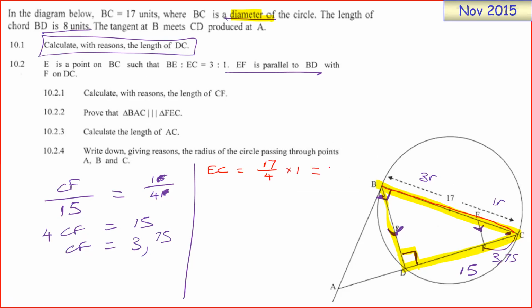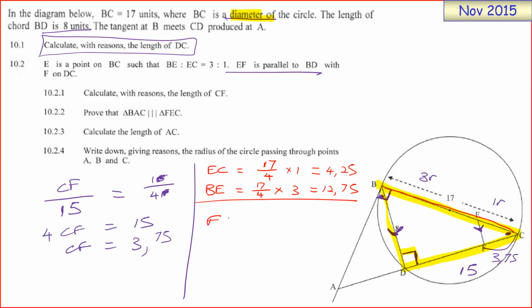What will you get? 4.25, sir. And to find BE, you will say 17 over 4 times its 3 parts. Or you could take 17 minus 4.25, but I want you to just use that. What did you get here? 12.75, sir.